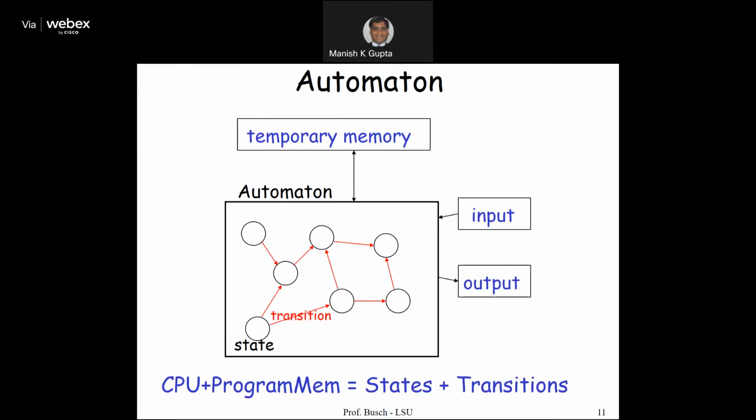So there has to be a rule depending upon what input you receive. You are in a state, and after receiving some input, you go via this transition to another state, and so on and so forth, right? So a bunch of these states with transitions are an abstract notion of your program memory and CPU, right?